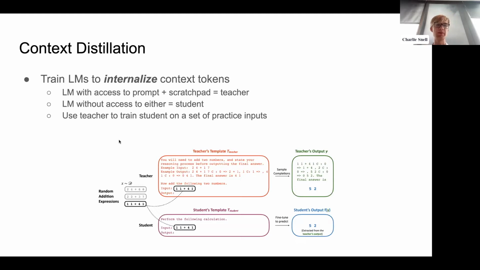The idea is we're going to use this teacher that has these extra context tokens in the form of a prompt and scratch pad to train the student. Through this distillation process, you can imagine that it's internalizing these context tokens into the model.